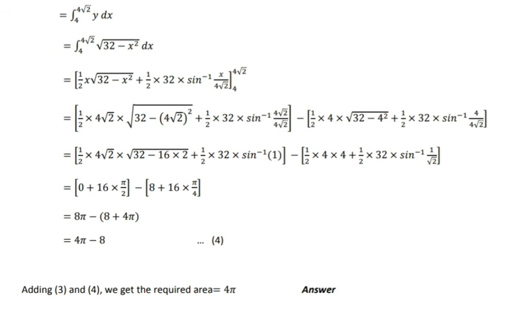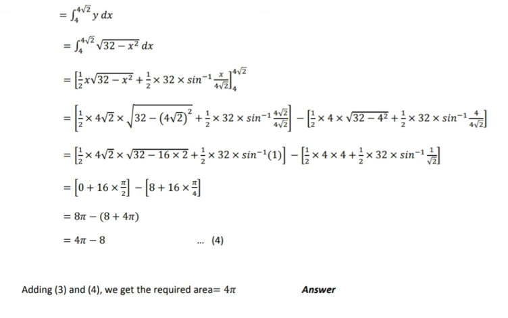And the area of the region shown to you in green color can be found out simply by using the definite integral as integral from 4 to 4 times root over 2 of y times dx. And y in this case, you can get from the equation of the circle, because the region which you are talking about is under the curve or under the circle.